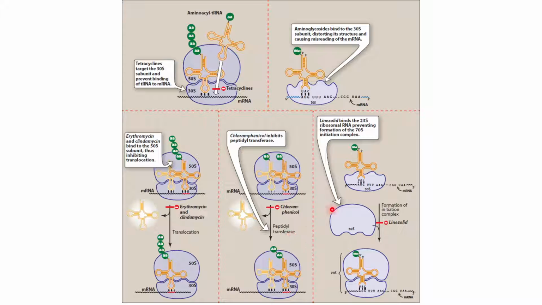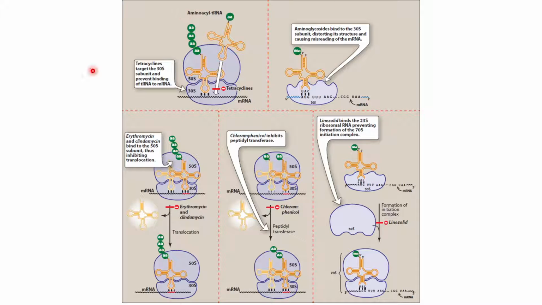And linezolid binds to the 23S ribosomal RNA, preventing formation of the initiation complex. So the two subunits of the ribosome will not connect together, and that also prevents protein synthesis.